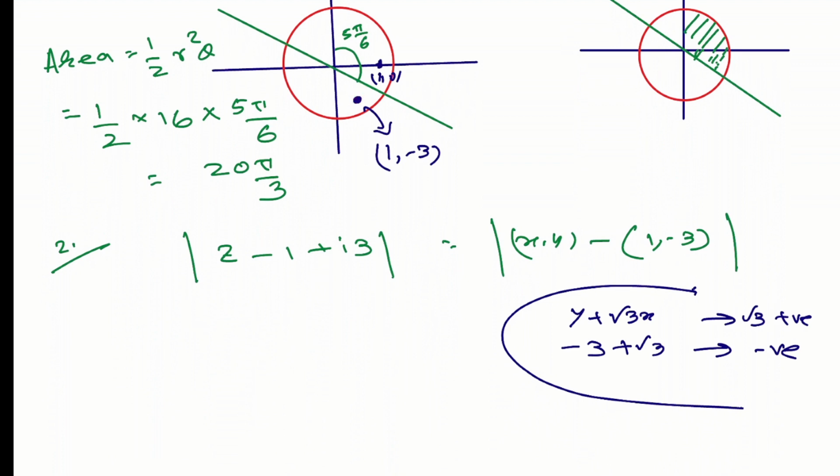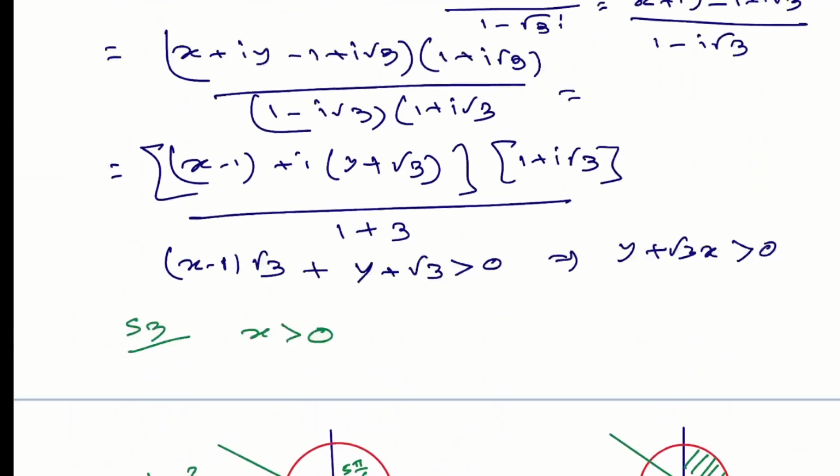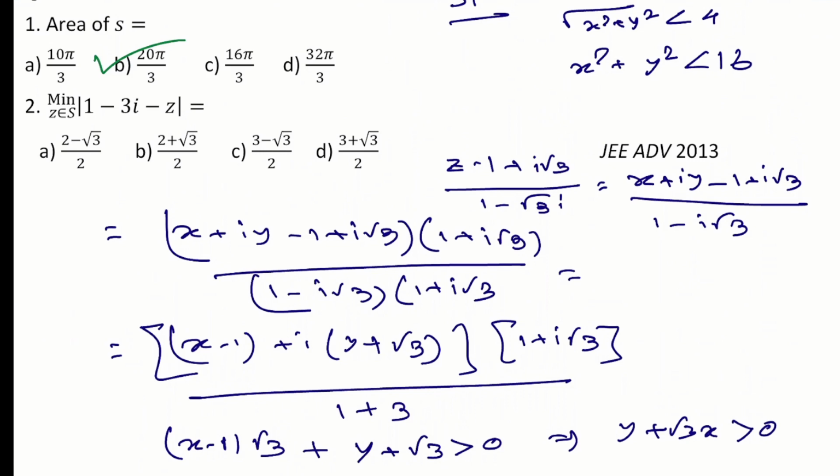The perpendicular distance is the modulus of (root 3 minus 3) divided by root over a square plus b square, 3 plus 1. So we are getting (root 3 minus 3) by 2, that is (3 minus root 3) by 2, taking the mod value. So the option is 3 minus root 3 by 2. The option is C.